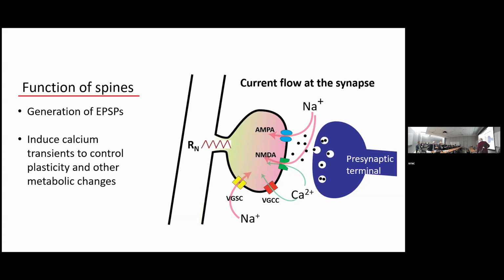We'd like to follow the calcium that goes through the NMDA receptor. Generally, calcium does not go through the AMPA receptor, so we don't follow that. And we're also interested in activation of the voltage-gated calcium channels and voltage-gated sodium channels. So if possible, we'd like to use imaging to tell us all these changes when action potentials release glutamate onto these spines.